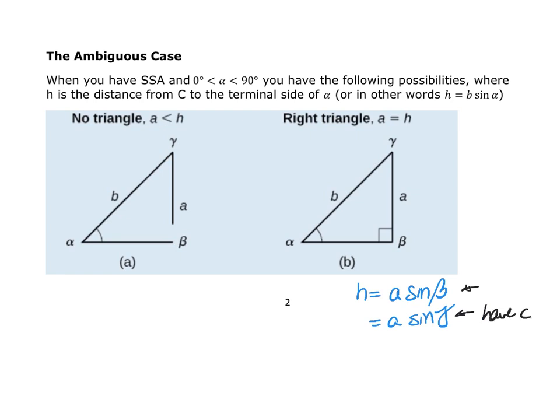In this case, besides A, you would have beta and B. You might also see this as H equal to B, the sine of gamma.